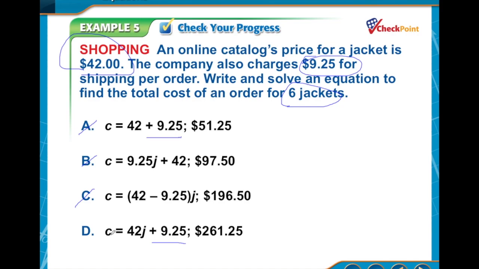The total cost will be equal to 42 times the number of jackets we buy, plus that one-time shipping fee, $9.25. And if we wanted to check, we could see that 42 times, in this case, 6, plus $9.25 will give us our grand total, $261.25. So to break down all those words, our solution is just 42 times the number of jackets plus your shipping fee gives us our total. And that's all we have for that example. The solution is D, given by that equation and our total.